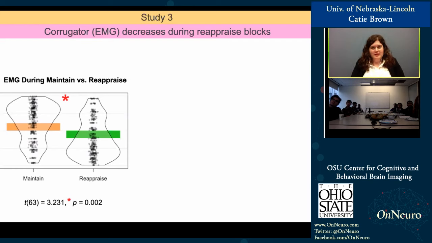So this is consistent with having lower negative ratings and actually feeling less negative when reappraising versus maintaining. So with regard to our concerns of demand characteristics, this showed that participants were likely actually feeling less negative. They weren't just reporting what they thought we wanted to hear.